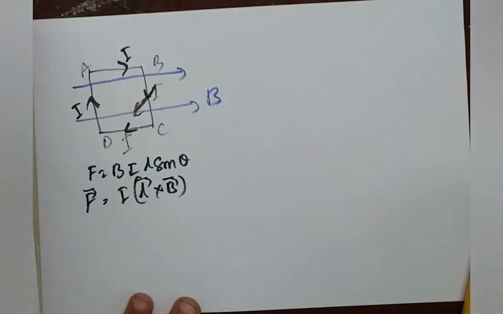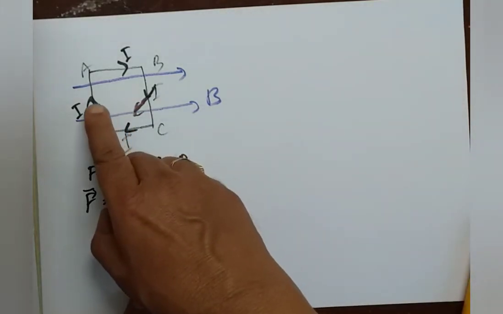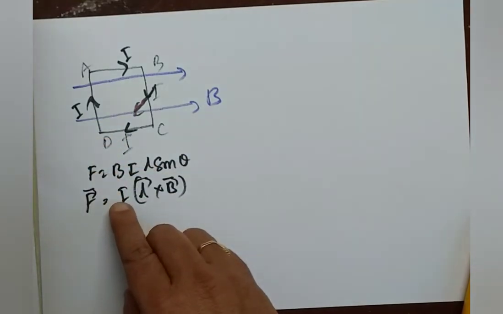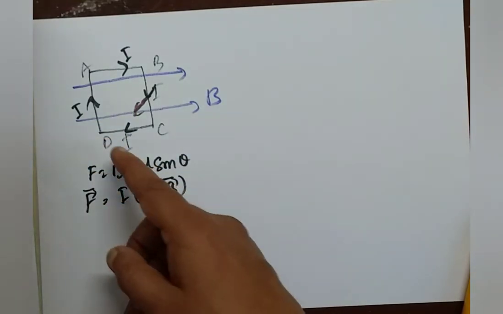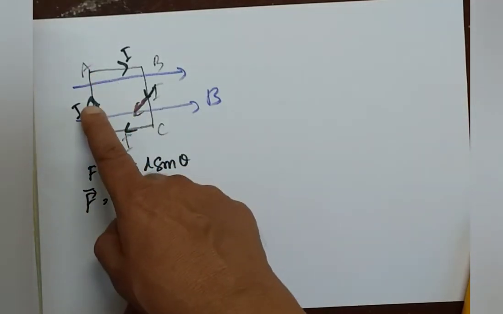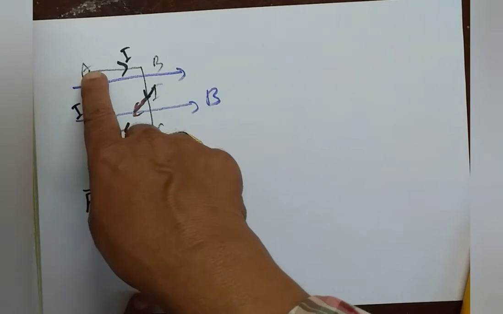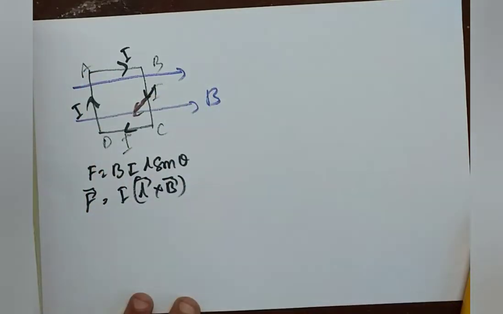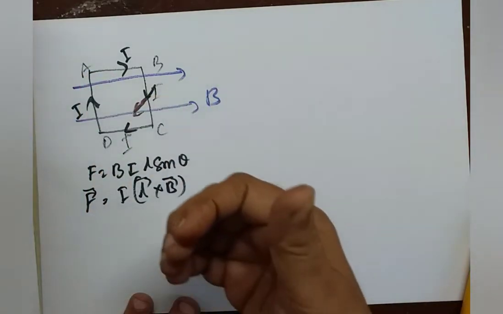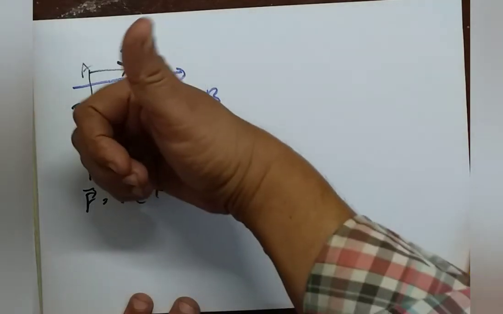Then in the same manner, if we take the force on AB, say again L is upwards now because of the current direction. L cross B, observe L is this way and B is this way. L to B, it should turn like this.